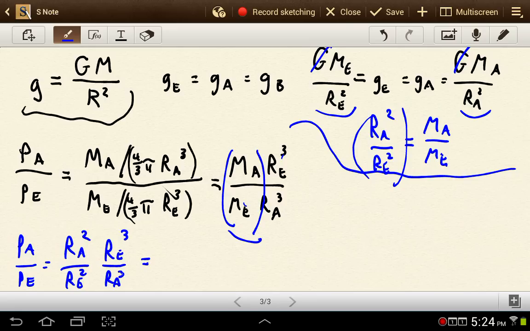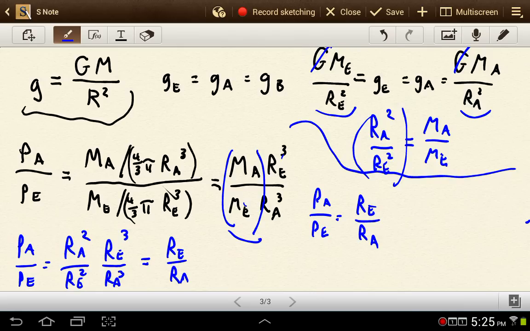When you do all the cancellation, that just equals R_E over R_A. So this is really our answer: the density of the asteroid over the density of Earth is equal to the radius of Earth divided by the radius of the asteroid.